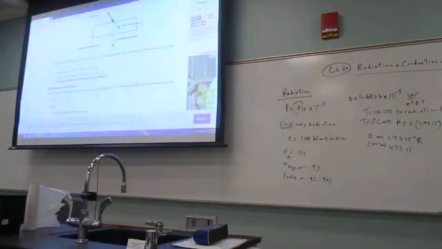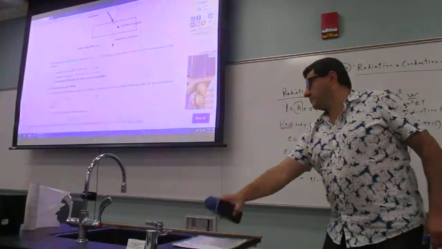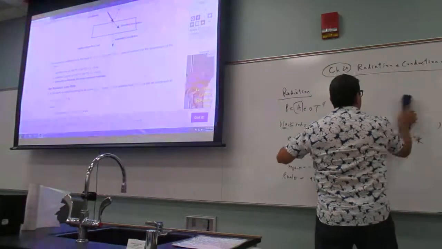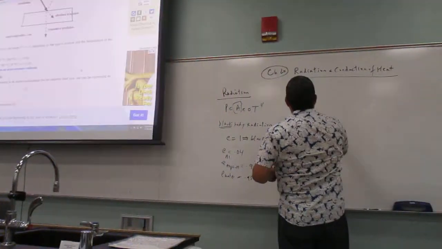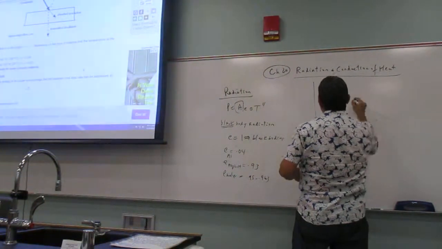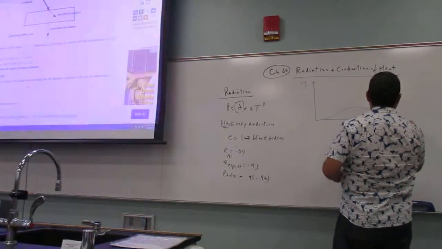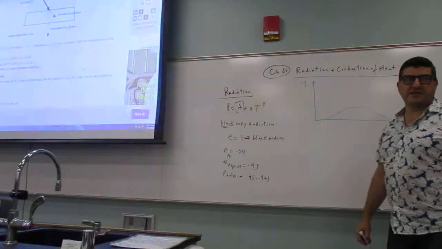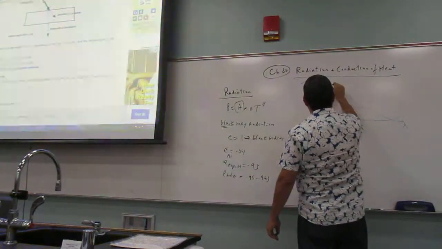By the way, earlier I mentioned this graph, intensity as a function of wavelength. And I said this is Wien's Law, right? And I said when objects get hotter, what happens?